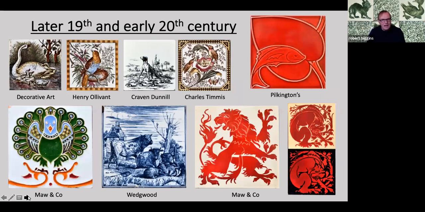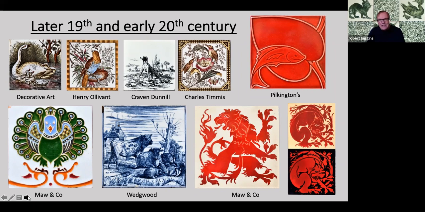The mass market in Stoke-on-Trent produced huge numbers of tiles, most of them floral or neo-Gothical designs, but a number of animals featured. And I've included a row of those at the top: Decorative Art Tile Company, Henry Abraham Ollivant, Charles Timmis in Stoke-on-Trent, and Craven Dunnell near Ironbridge in Shropshire.